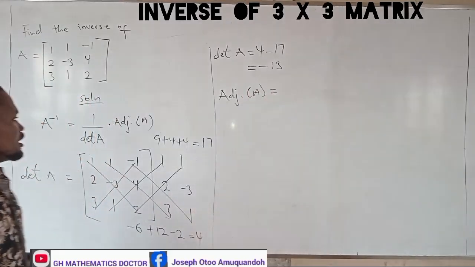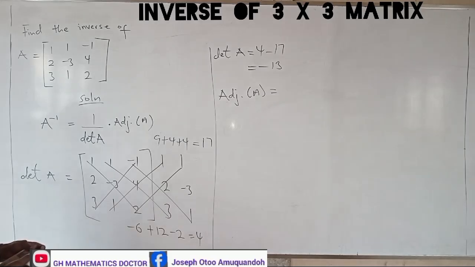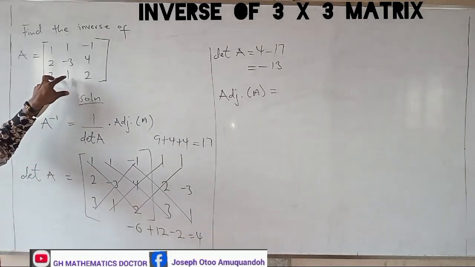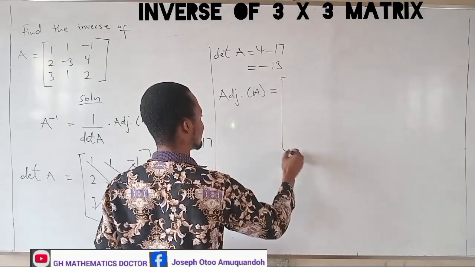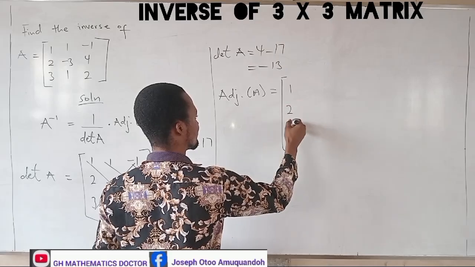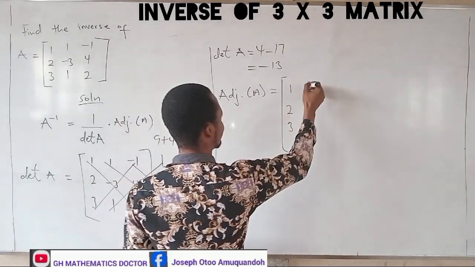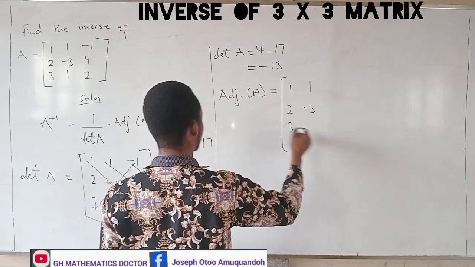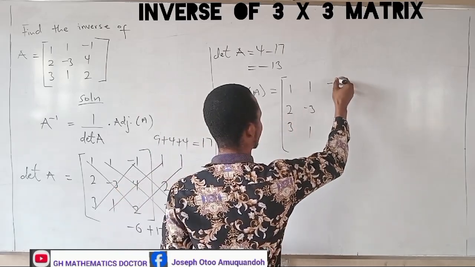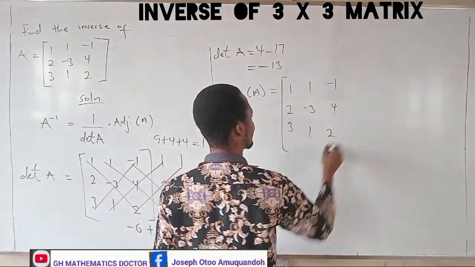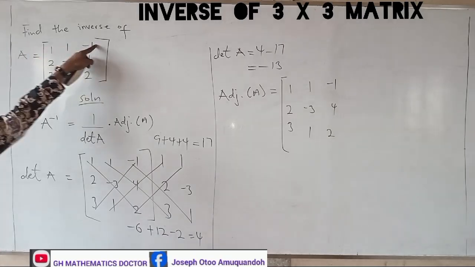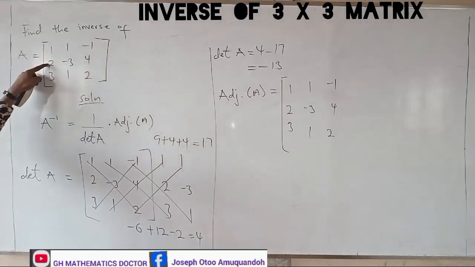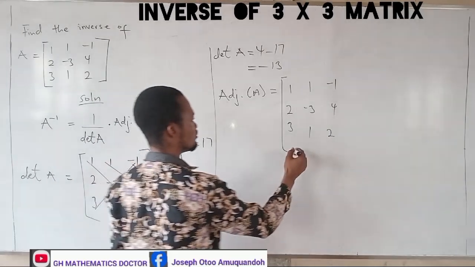For the adjoint of this 3 by 3 matrix, we need to repeat this matrix. After repeating the matrix, repeat the first 2 rows over here.